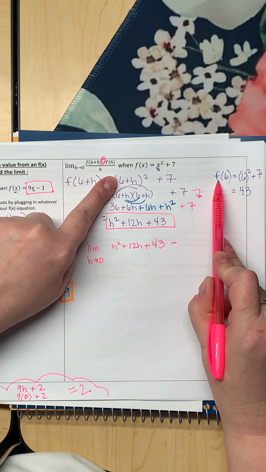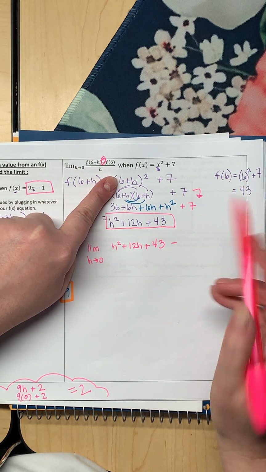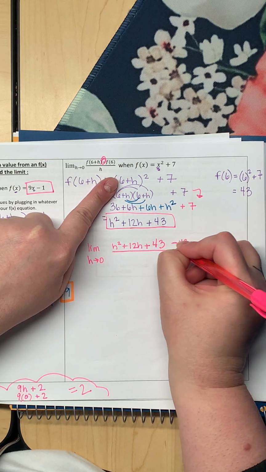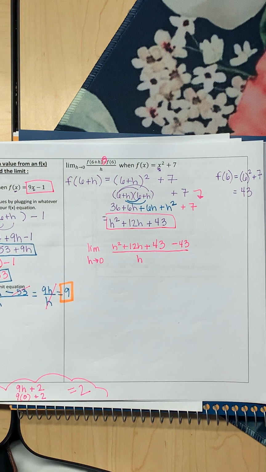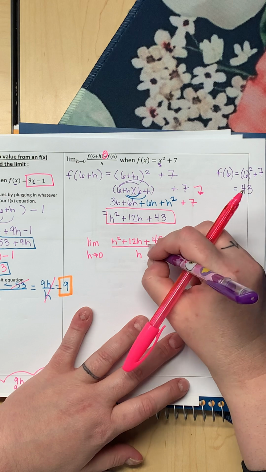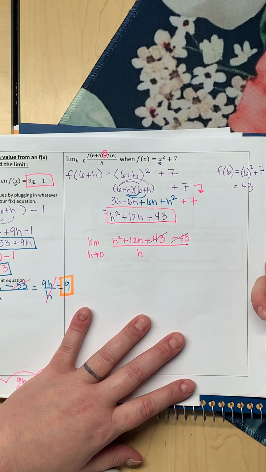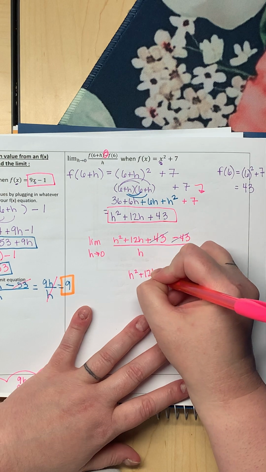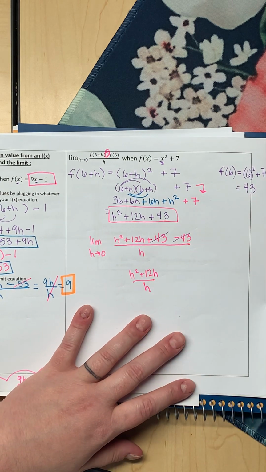F of 6 was 43. And then we are all over h. Okay, let's start canceling things out. The 43's definitely cancel. Goodbye. And we're left with h squared plus 12h over h.